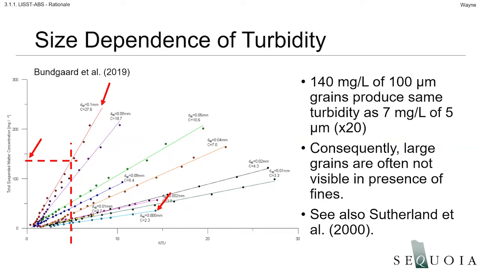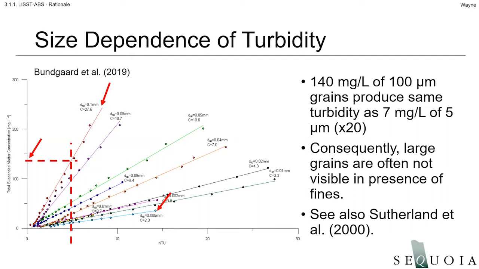Next, we can see this line on the lower part of the plot that indicates the correlation between TSM and NTU for 5 micron particles. And you can see that that's much flatter than the other curve. So that implies that a small increase in sediment concentration causes a large increase in turbidity, or NTU.